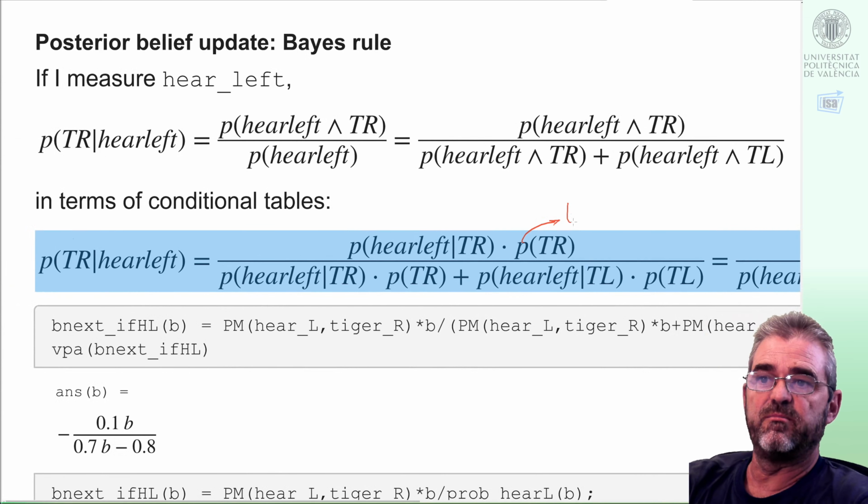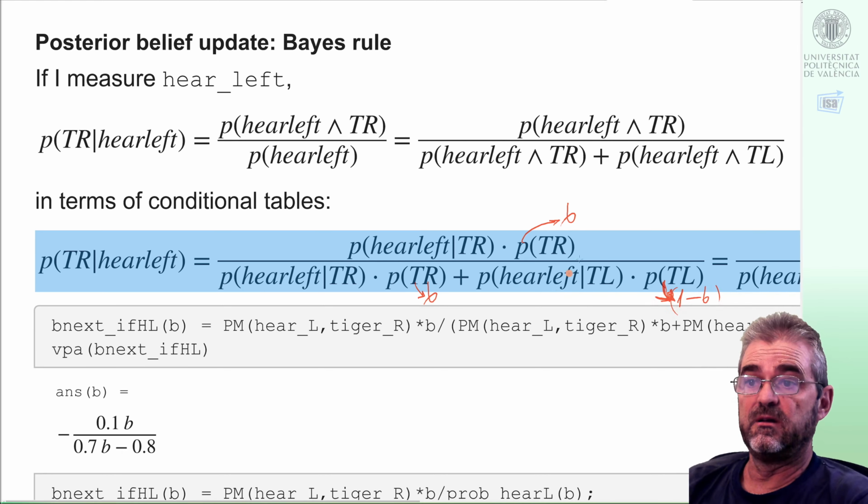I name this number b, and this of course will be 1 minus b, because the probability of hearing left and tiger right will be the conditional times the probability of the condition, and likewise the denominator, each of the two terms in the summation, will be these ones.